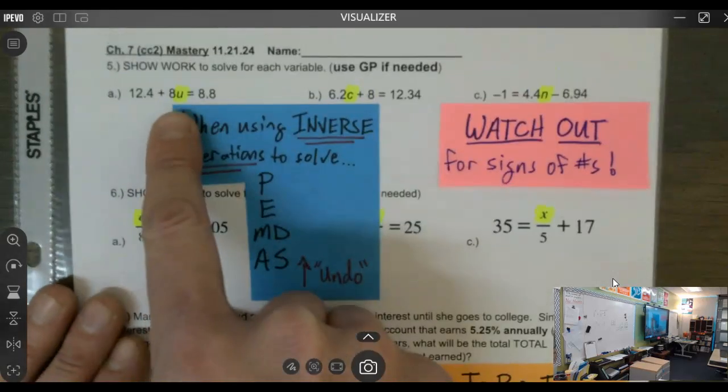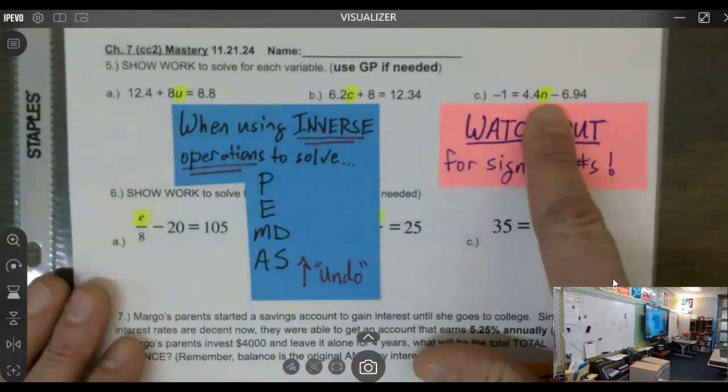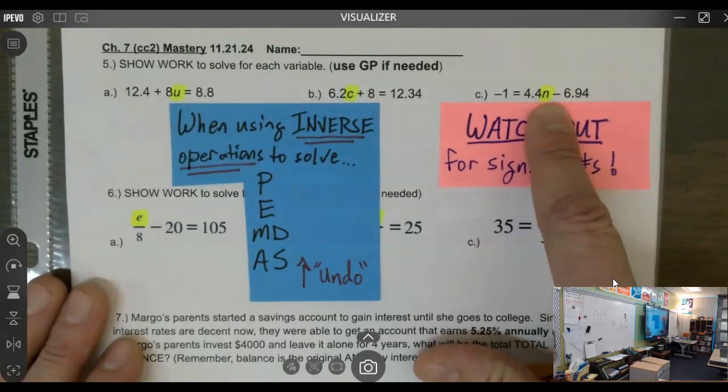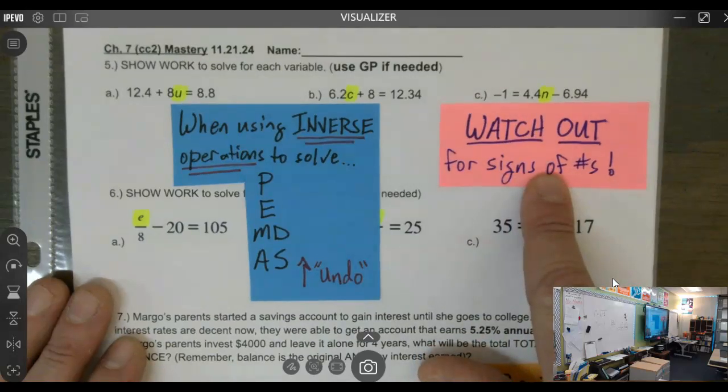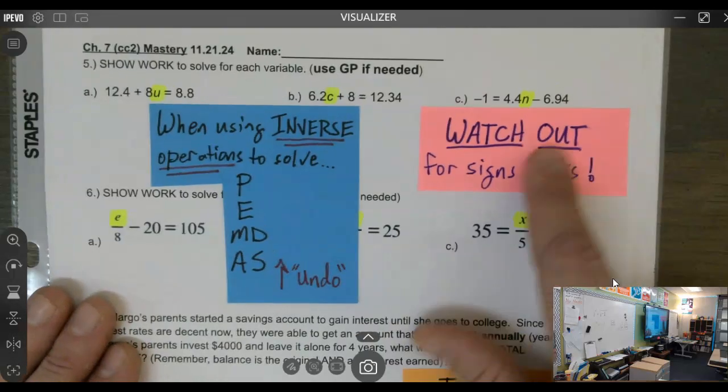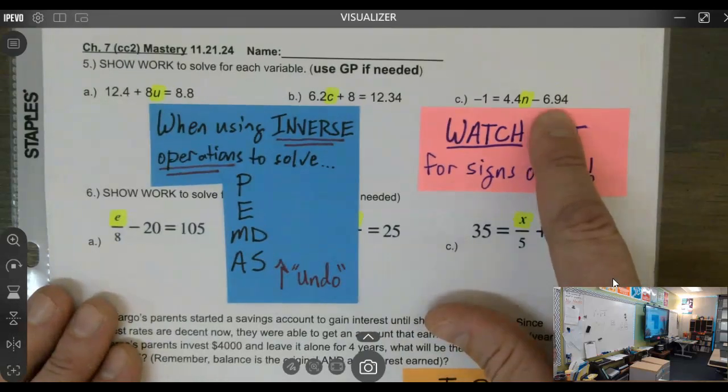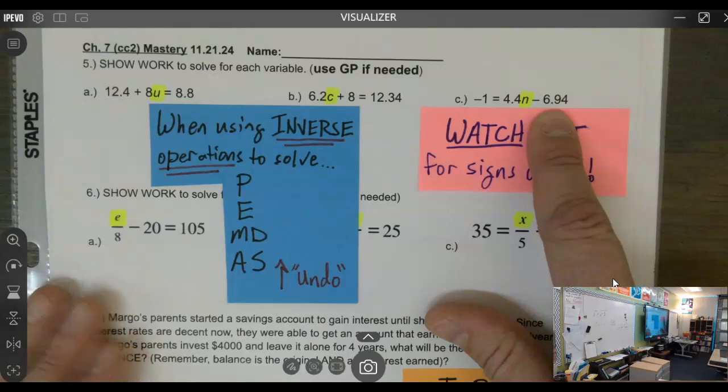So obviously you want to get U or C or N alone. And I would always be looking at that side of the equation for what do I need to undo. And watch out for signs. Sign in front of a number goes with it. This 6.94 is negative 6.94. It's safer to say that than minus, in my opinion.